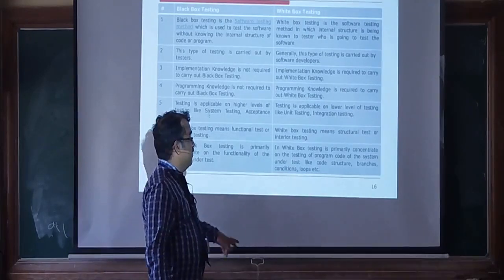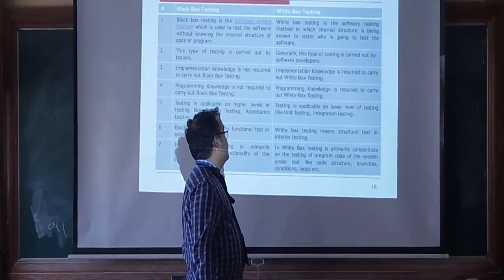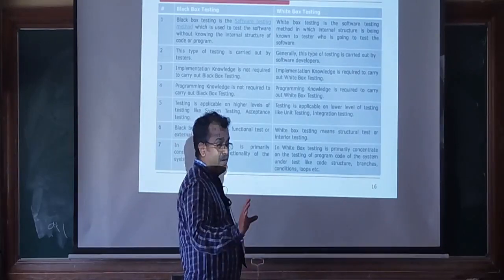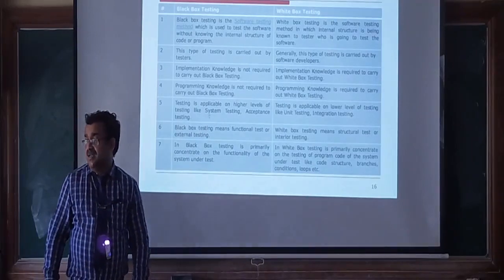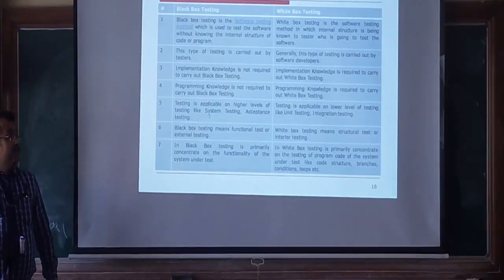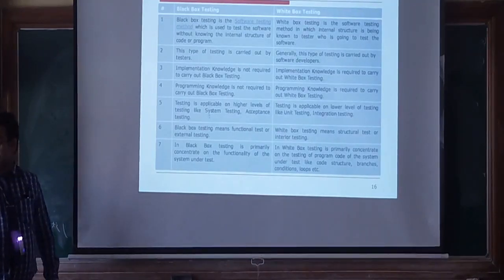White box testing is primarily concerned with the testing of the program code of the system under test, like code structure, branches, conditions, loops, etc. So all those structures are tested in white box testing, whereas in black box testing, you only concentrate on the functionality of the system.